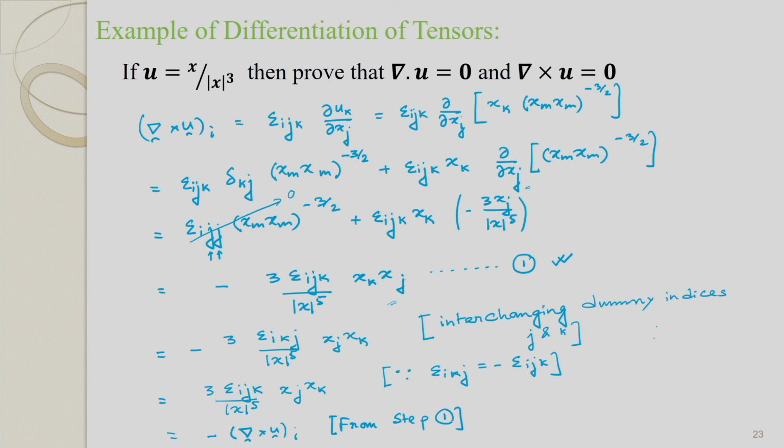Now we have proved that curl of u, the ith component, is the same as the negative of the quantity. So which tells us curl of u is 0. This is only possible if curl of u is 0.